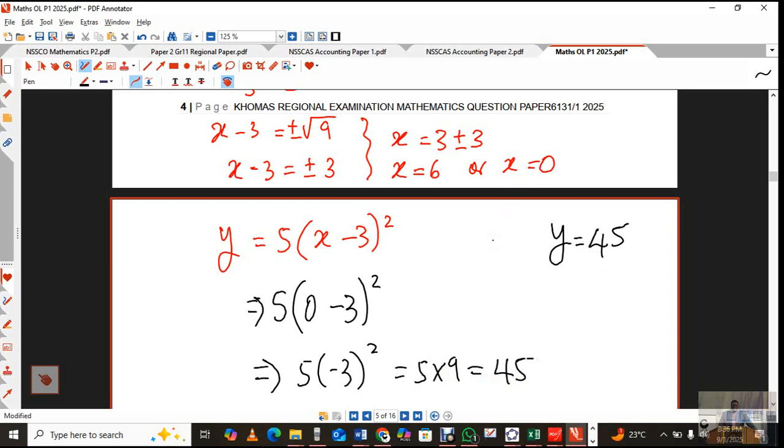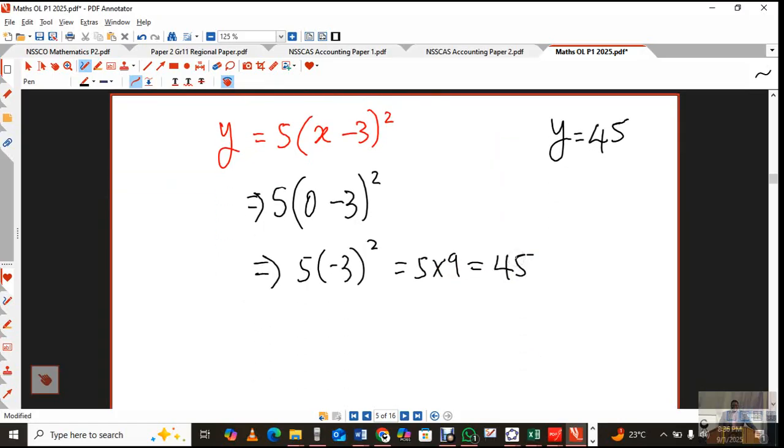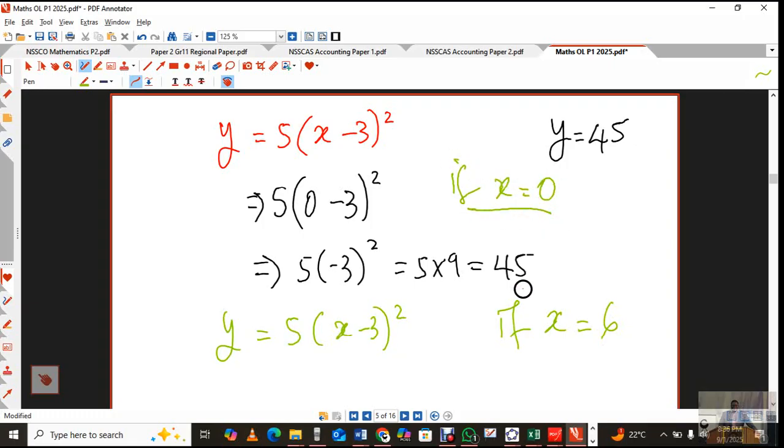Okay. And if you were to input the other value of x, let's write the equation down again: 5 times (x minus 3) all squared. If x is equal to 6 here, the previous one was if x is equal to 0, and we saw that it's working. So let's use this one to see what we get.